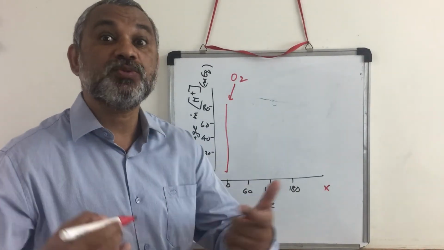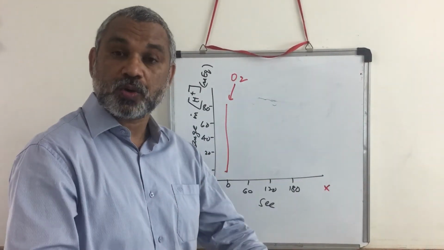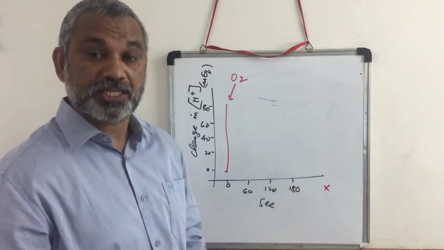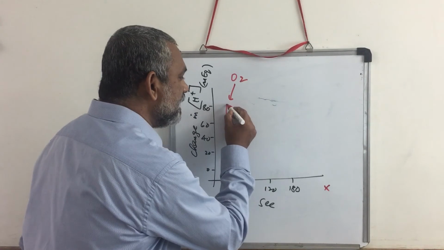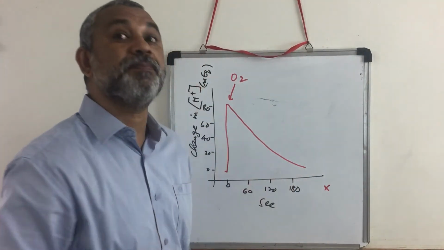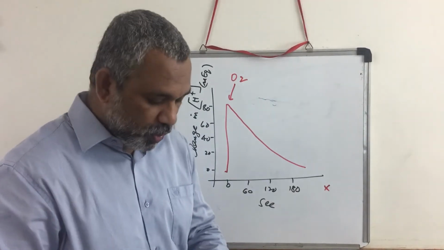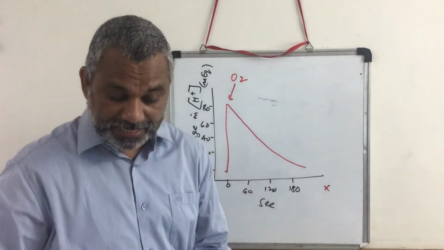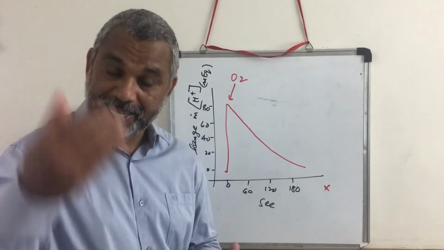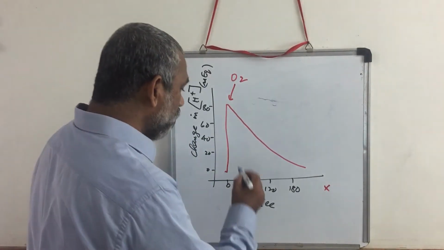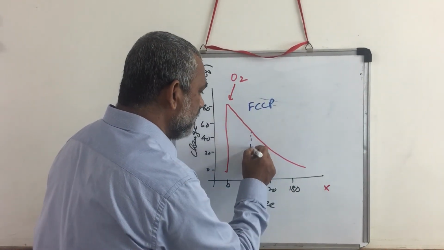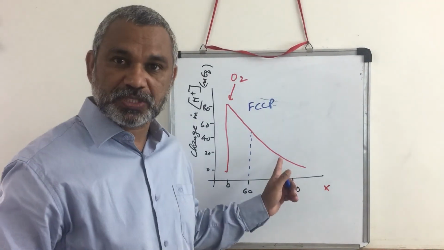Extrusion of protons occurs, and the reaction happens with the substrate molecule. Then slowly there is a decline in pH over a period of time. This is the curve that led to elucidating the mechanism of the electron transport system. Now FCCP is introduced here.